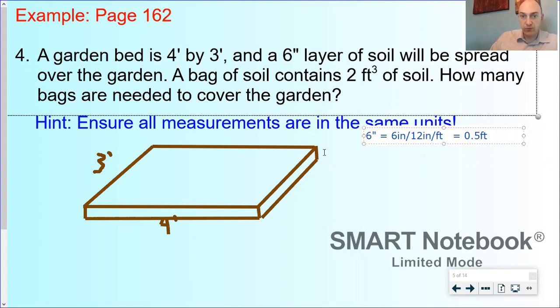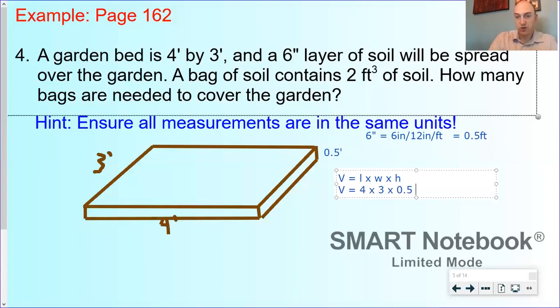So we want to make sure we put in 0.5 feet on this dimension. Okay, so 3 feet by 4 feet by 0.5 feet. So our volume is length times width times height. In this case, it's going to be 4 times 3 times 0.5, which is going to be 6 cubic feet.